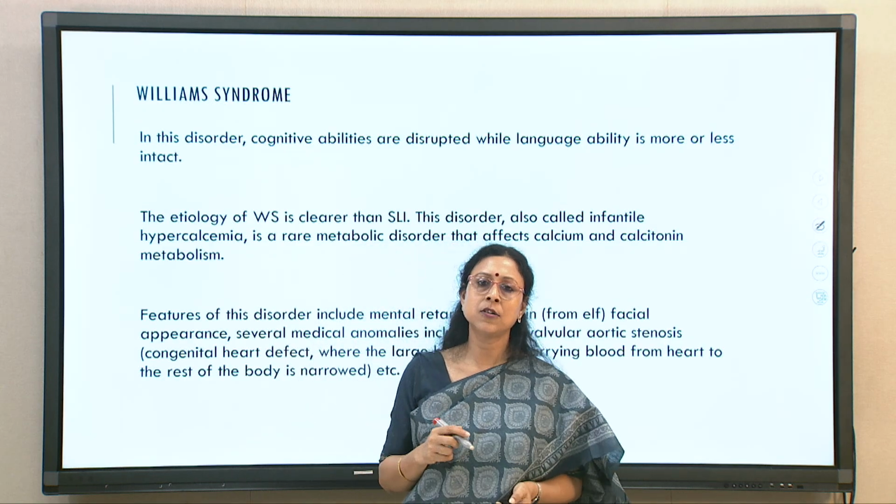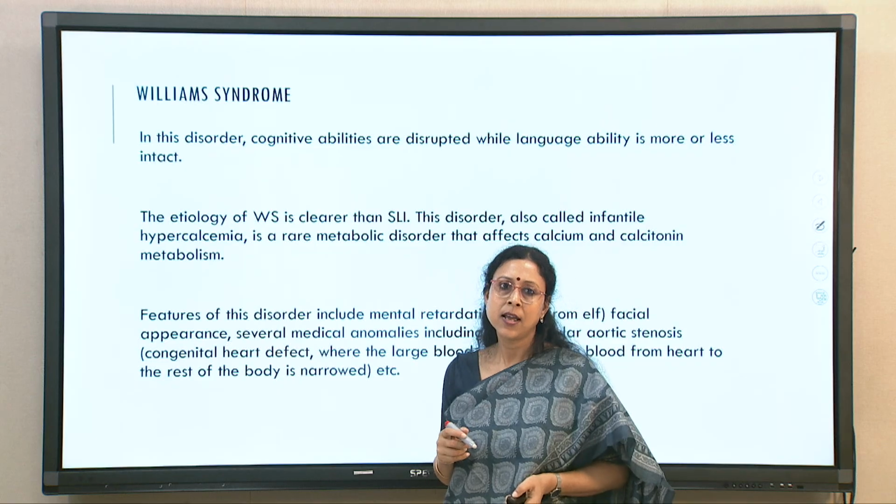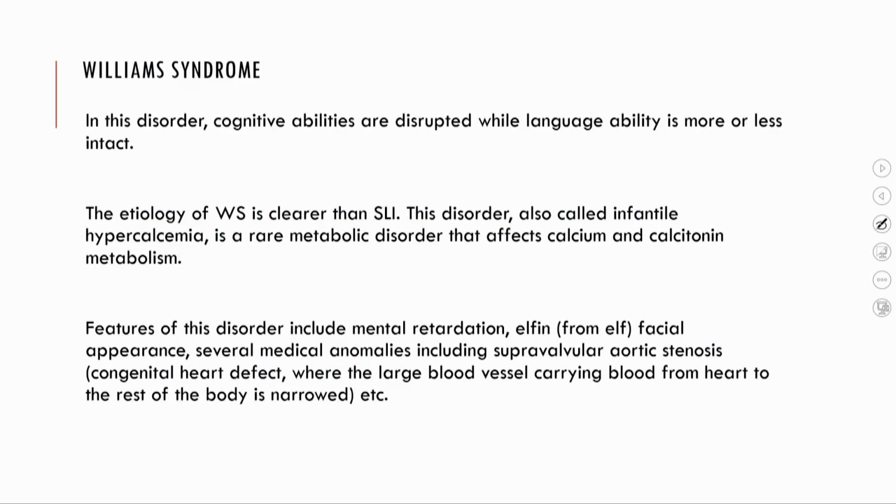This disorder, also called infantile hypercalcemia, is a rare metabolic disorder that affects the calcium and calcitonin metabolism in the body. So, this leads to a cognitive disorder, but linguistic abilities remain more or less intact.